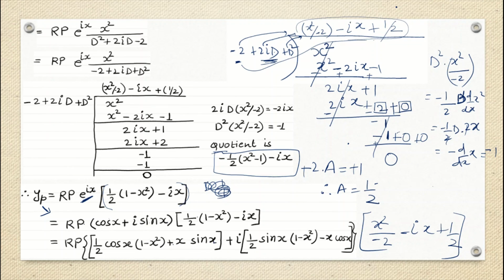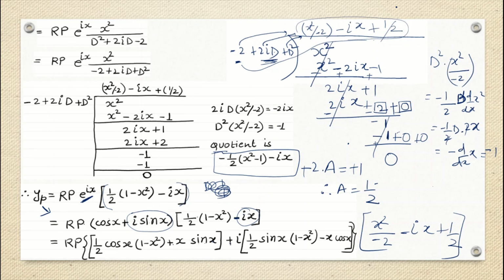And when we are writing down x into sin x, we will find that this is minus ix, and then plus i sin x. So this is i and minus i, it will give you minus i square. Minus 1 will give you plus 1. So plus x sin x.